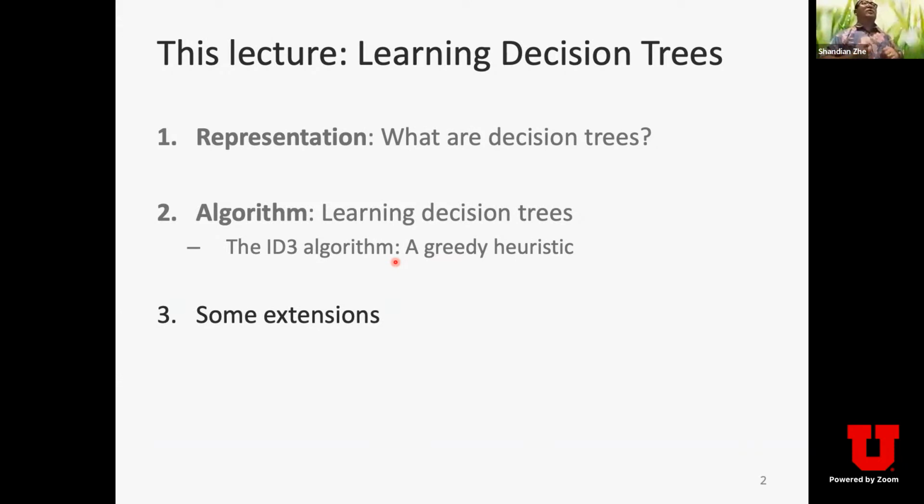For example, the ID3 algorithm, right? At the beginning, I'm going to pick the attribute which currently can best split the data set, right? And then given that attribute has been applied, I'm not gonna change that attribute anymore. I'm gonna find from the remaining attribute set which one is best to further improve the label purity and so on.